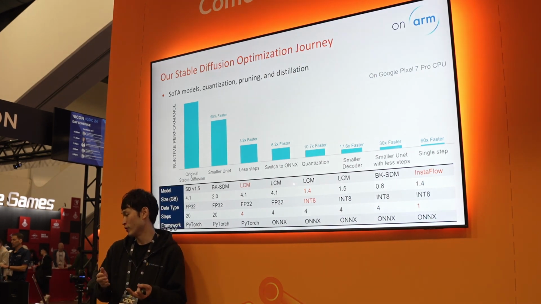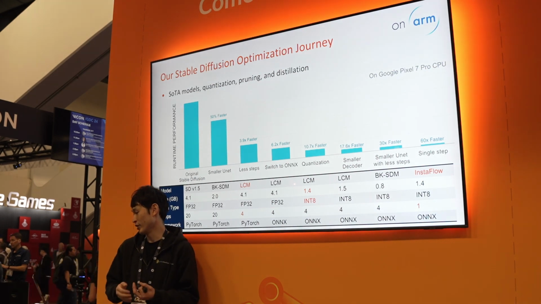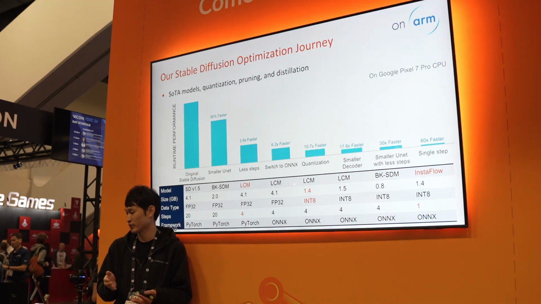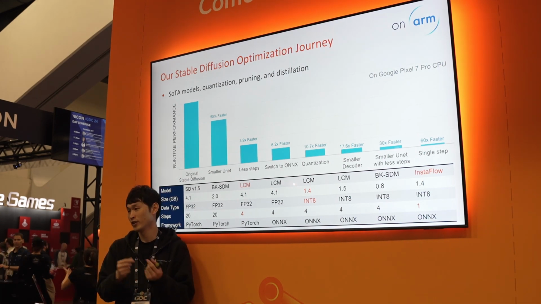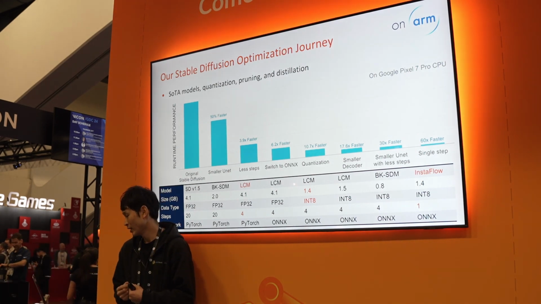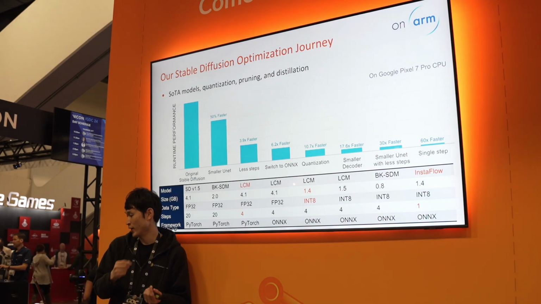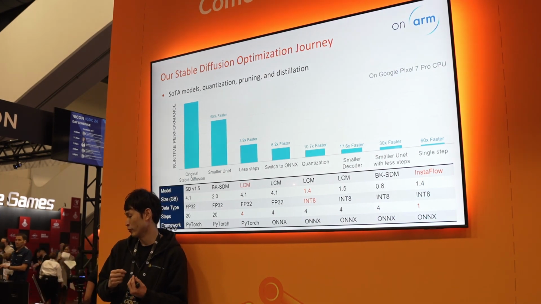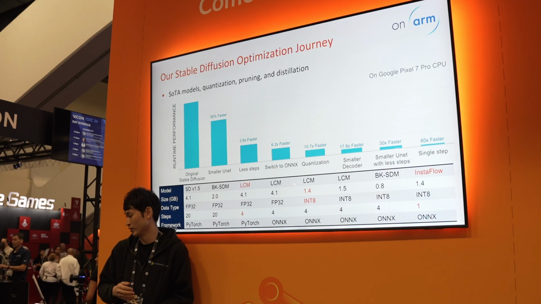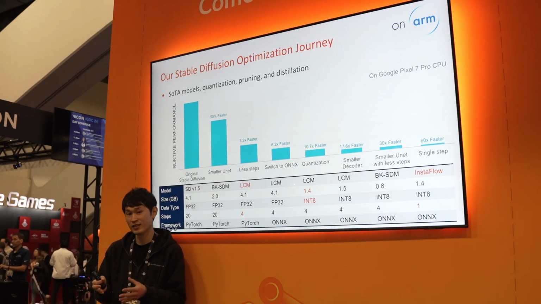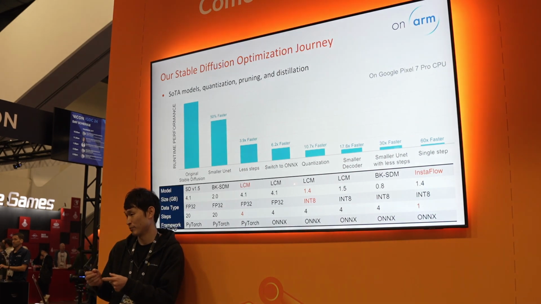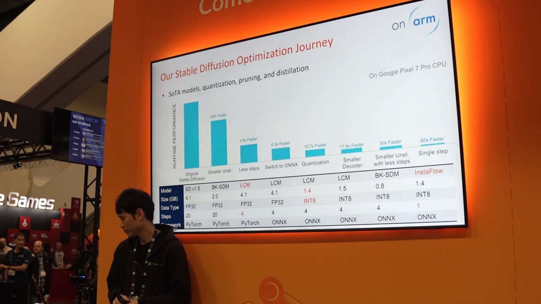You can explore picking up state-of-the-art from research, or reducing the model size by changing the data type from 32-bit floating point to 8-bit integer type. Also, you can employ techniques called quantization, pruning or distillation to decrease the model size or reduce the number of steps to generate images.